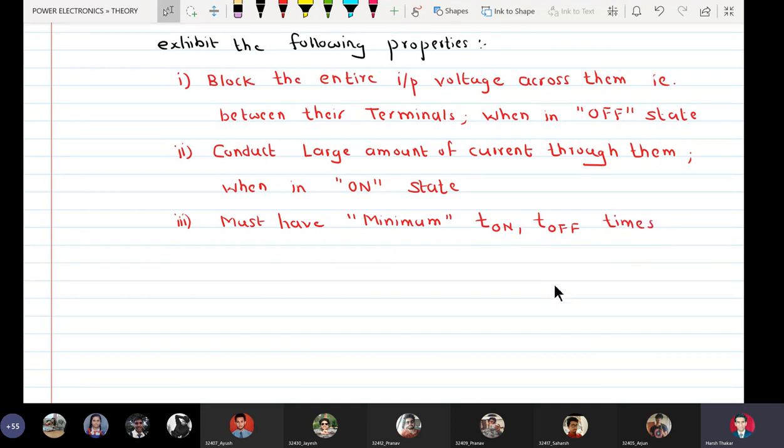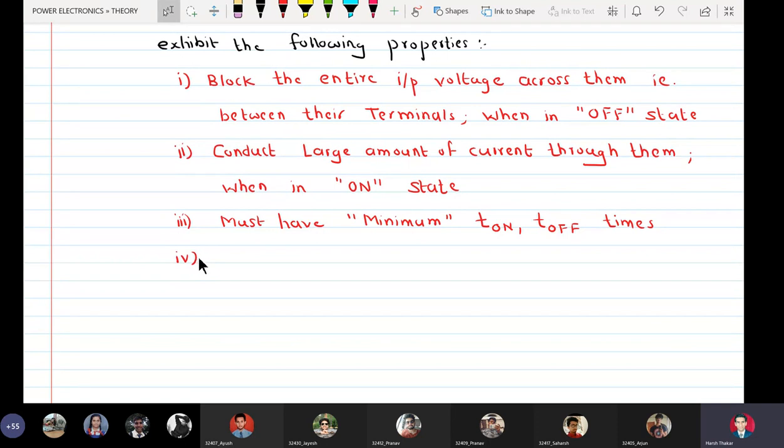That is the time taken for the device to switch from off to on state is called as turn on time, and the time taken to change from on to off state is called as turn off time. So must have minimum turn on and turn off times.